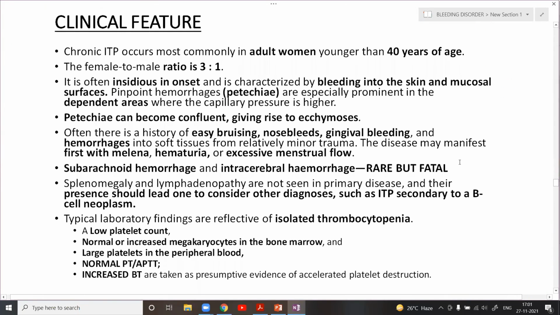Okay. So we are going to basically discuss what are the features of chronic ITP. As I told you, listen to these features very carefully. These are involving adult women around 40 years of age. And the male to female ratio, it is much more common in females, a ratio of 3:1. It is very gradual in onset, characterized by pinpoint petechiae and purpura, which are very mild.